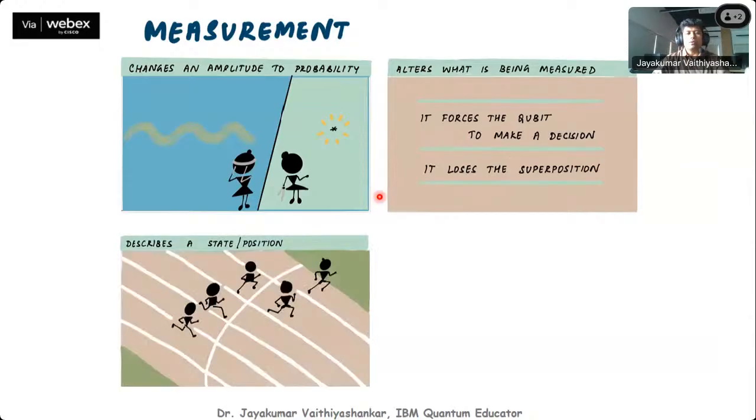If you want to describe a state and position, you need to do measurement. This path represents the qubit evolution, but here we are going to do measurement. Before this you have multiple states, but after this you have only a binary state.